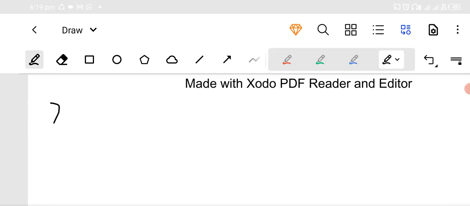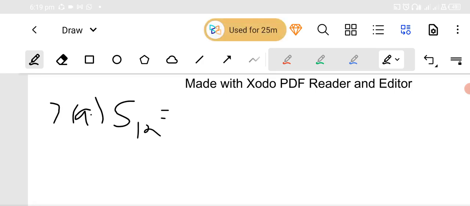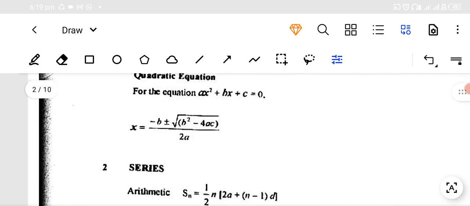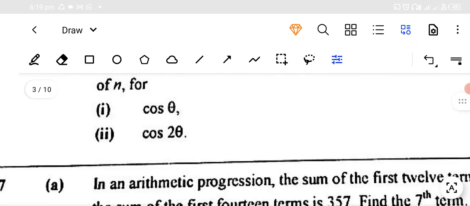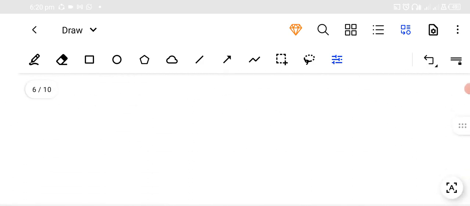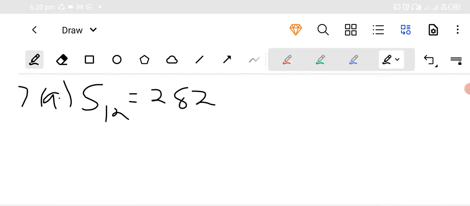Okay. So we have a. Sum of the first 12 terms is equal to 282. And then the other part of the question reads that the sum of the first 14 terms is 357.